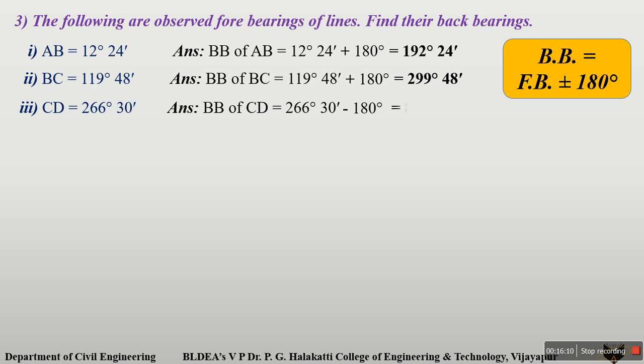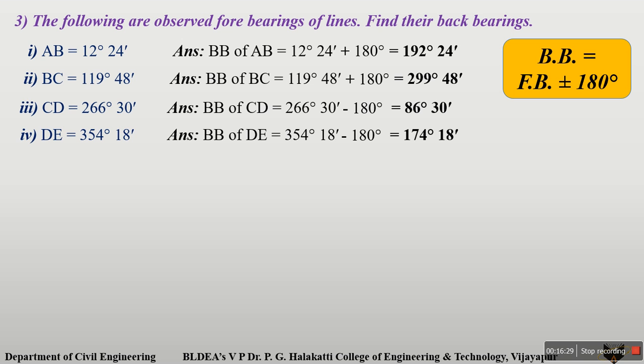Difference of these two will get the back bearing of CD is equal to 86 degree 30 minutes. Similarly, same, the bearing of DE is equal to 354 degree 18 minutes. So you have to deduct 180 degree, will get the back bearing of DE is equal to 174 degree 18 minutes.